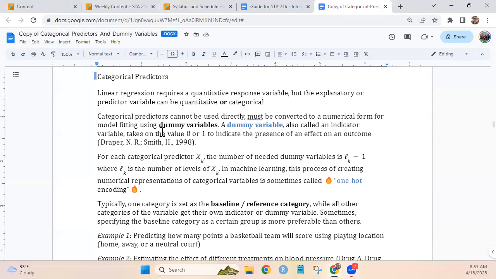Everything underlying that involves numerical algorithms, so it needs to encode text in a numeric form at some point. And some of how it does that is using dummy variables. So the dummy variables, also called indicator variables, are binary variables. They take on a value of 0 or 1 that indicate whether or not an observation belongs to a group.